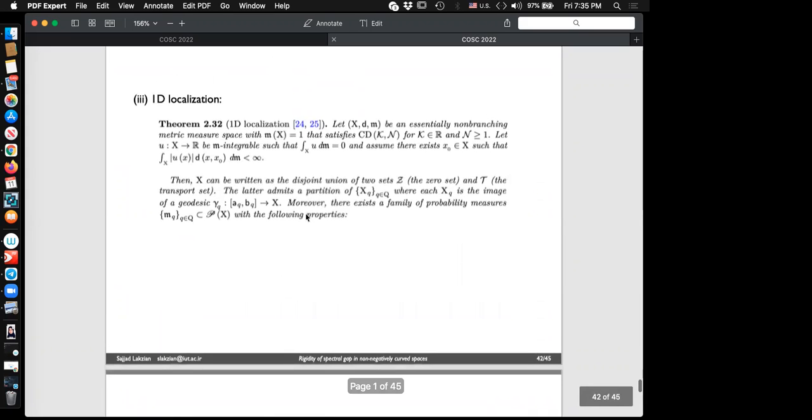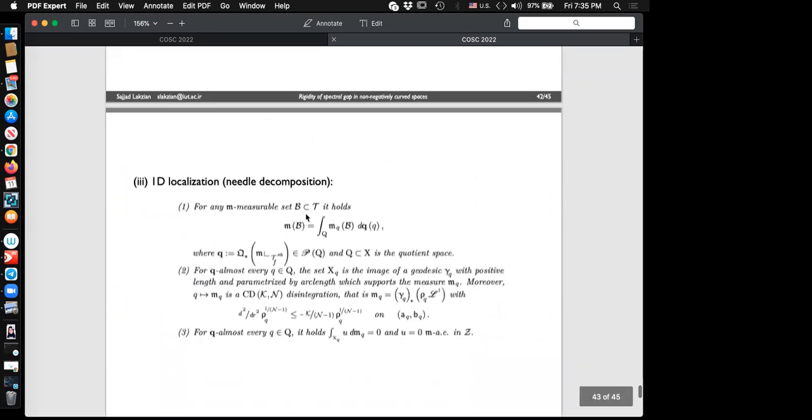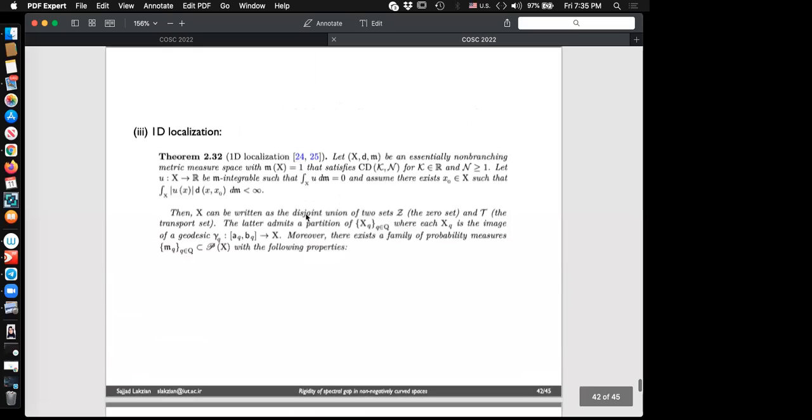The 1D localization, which is this statement here, I'm just going to explain in a very haphazard way. If there is a function whose integral is 0, then you can make a Lipschitz 1 function out of it, and then you can do a 1D localization and find the flow of the gradient of that function.